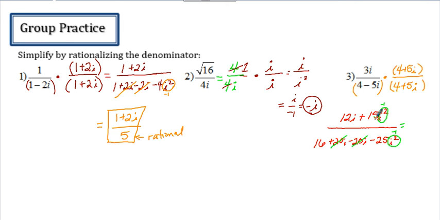12i, and then we've got a 15 times a negative 1. So let's make this 12i minus 15. And now I've got a 16 and a negative 25 times a negative 1. So that becomes a positive 25. So positive 25 plus 16 becomes 41.